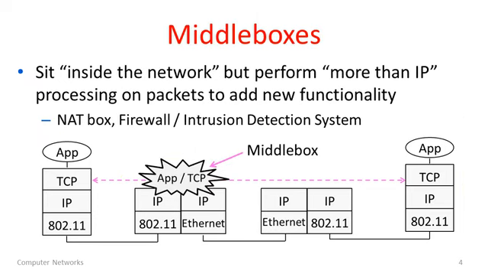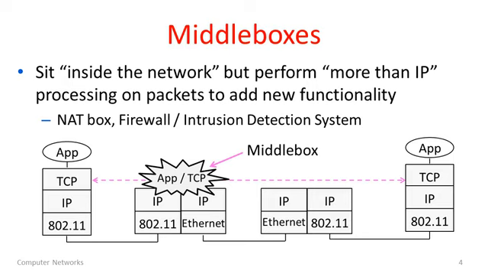It turns out that there's a whole class of devices called middle boxes, of which NAT is going to be one example, of course. Now, middle boxes are these very odd kind of beasts which don't fit with our architecture at all. Middle boxes sit inside the network, so logically they're in the middle of the network, or physically they're in the middle of the network in some way, I should say. But they perform functionality that goes further than simply IP.